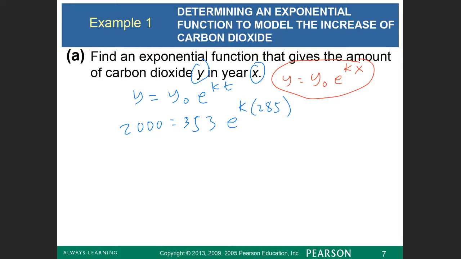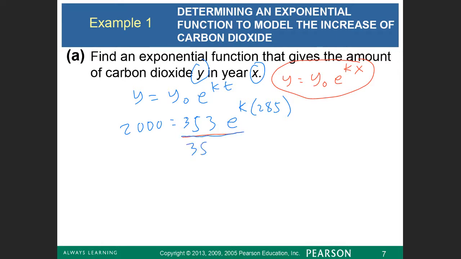By taking ln on both sides, but first we can eliminate 353 on the right side by dividing 353 on both sides of the equation.